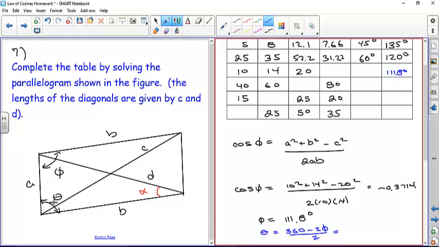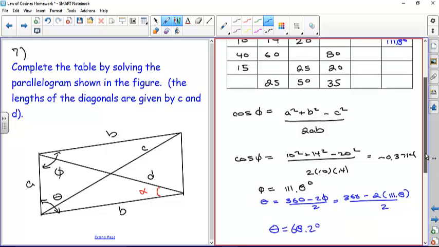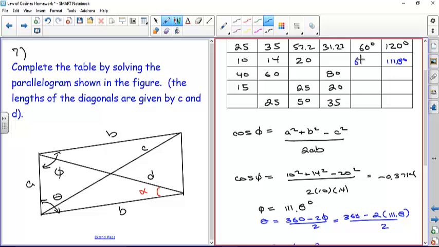This twice plus this twice has to add up to 360. So we get theta is 360 minus 2 times 111.8, divided by 2, and I get 68.2 degrees.